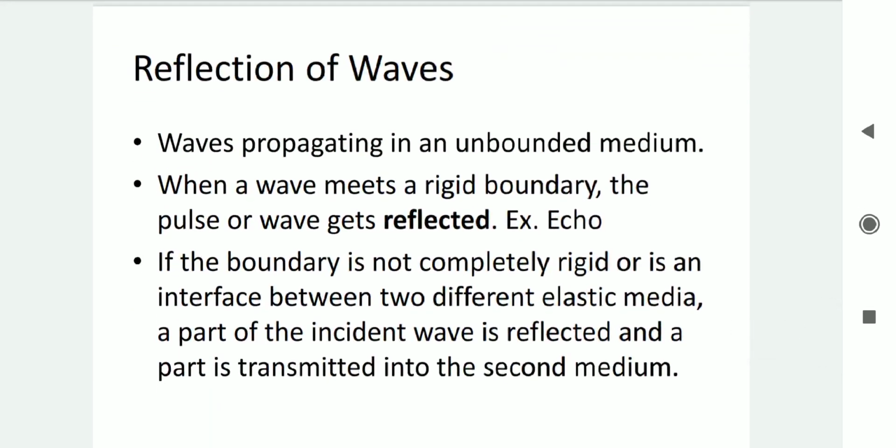Next, the reflection of waves. While waves are propagating in an unbounded medium, when a wave meets a rigid boundary, the pulse or wave gets reflected. For example, an echo is generated. If the boundary is not completely rigid, or is an interface between two different elastic media, then part of the incident wave is reflected and part is transmitted into the second medium, where refraction takes place.